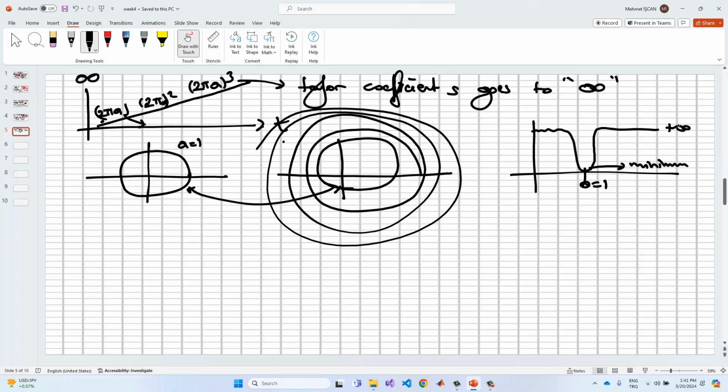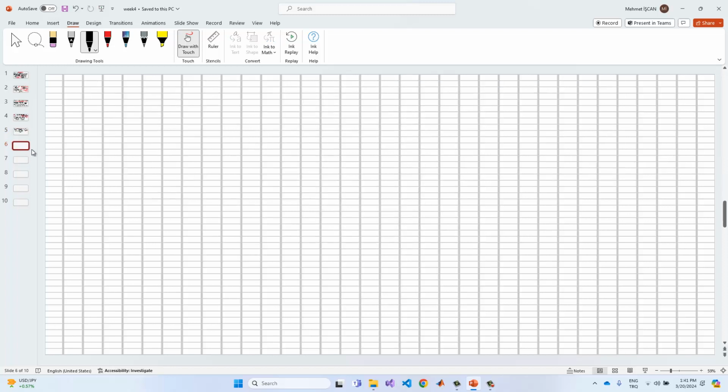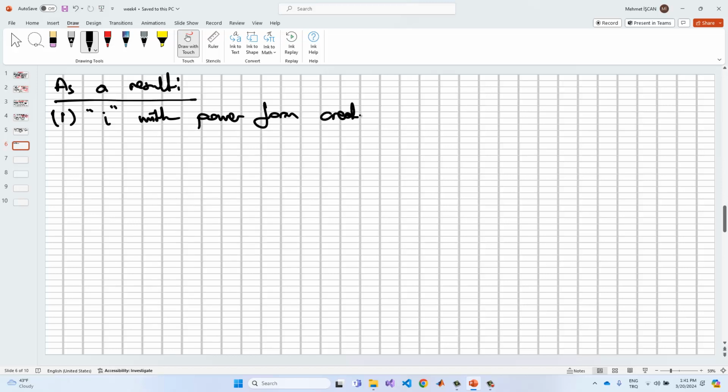Okay. And so as a result, if we have this notion and then the I is the imaginary number with power form, it creates periodicity, right?